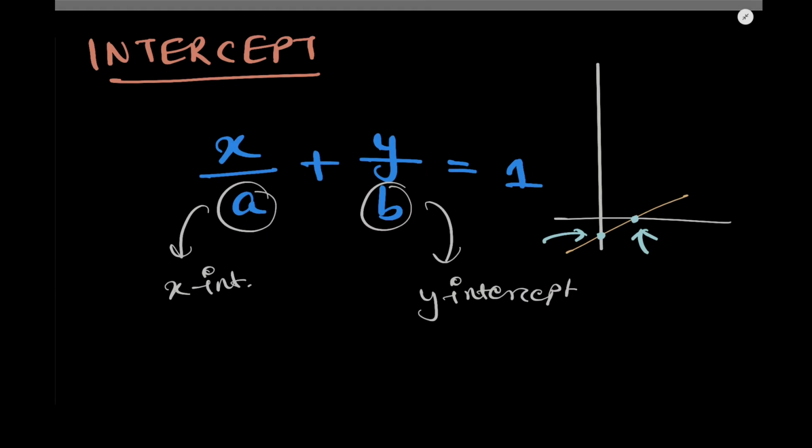So let's say this is 2 comma 0 and this is 0 comma minus 1. So the intercept form will be x upon 2 plus y upon minus 1, which is equal to 1. Okay, got it?